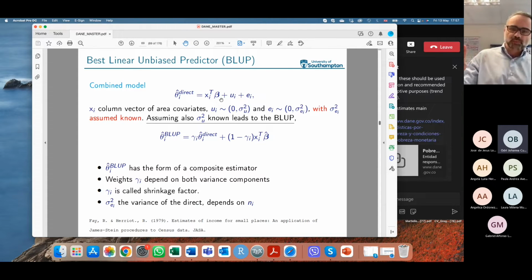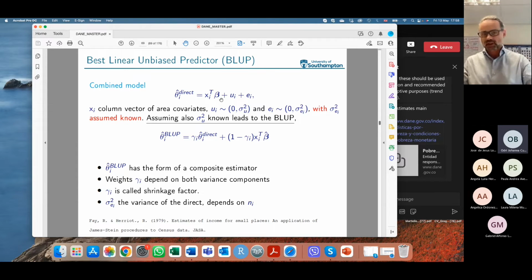We'll see in practice how this is done, and this will become a bit clearer when Angela gives you the first computer lab, because there you will see how the sampling variances are estimated using some standard software. But effectively, in order to set up the model, you need area level data. You need the direct estimates of the parameter of interest.